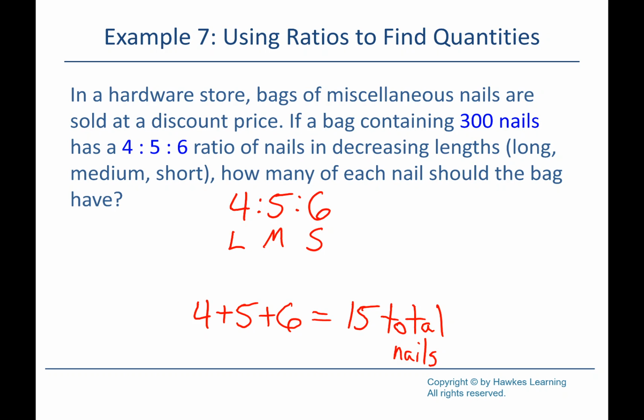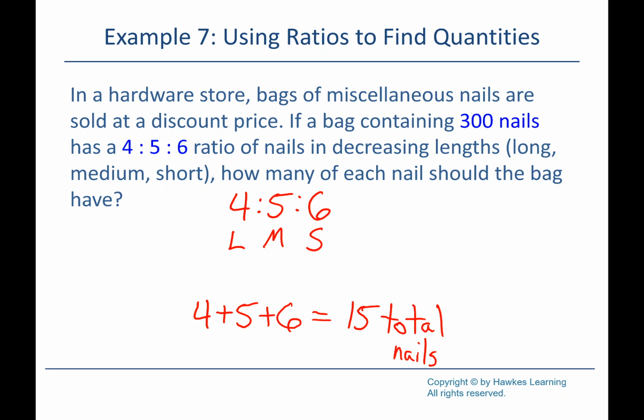How's that going to help us? Well, now we've got a ratio of something to 15 total nails, and we know how many total nails we have. So we just pick out which type of nail we want to find first. Okay? We can do any of them. Maybe we'll do small nails first. It doesn't matter. So I'm going to set up a little equation.